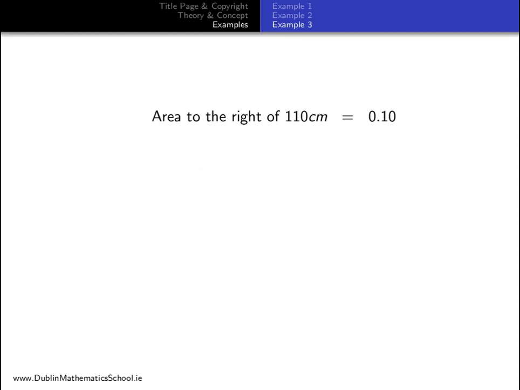I'll not draw the graph for this problem, because it is identical to the previous two, but just in one problem. The area to the right of 110 centimeters is 0.10. So that means equivalently the area to the left of 110 centimeters is 0.90.